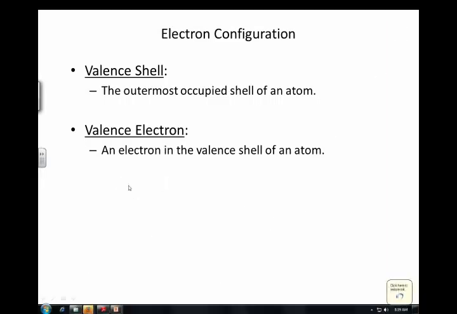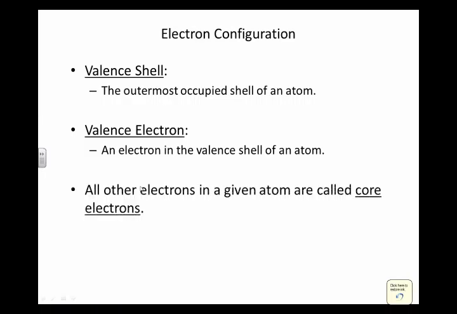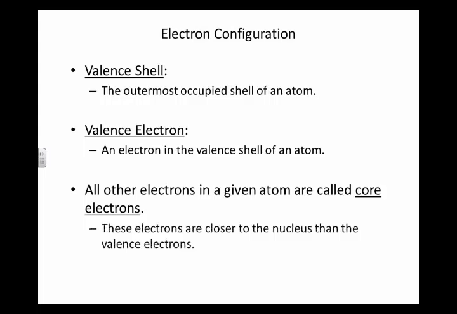So the valence shell is the outermost occupied shell, the highest shell number with electrons in it. Valence electrons are electrons in that valence shell. Everything else is called a core electron. These electrons are closer to the nucleus, so they're kind of inside.